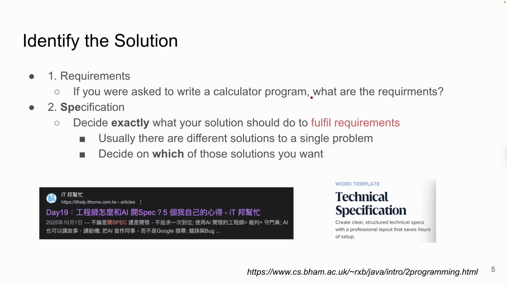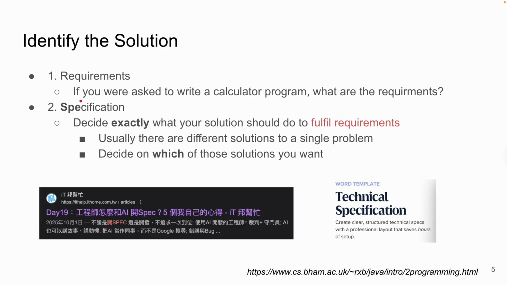Also, if we ask you to write a more complex program, like a calculator program, can you identify these requirements by yourself? The second step is that after you have a clear understanding of the requirements, you need to come up with the specifications.